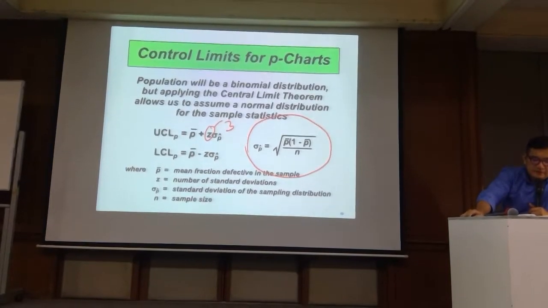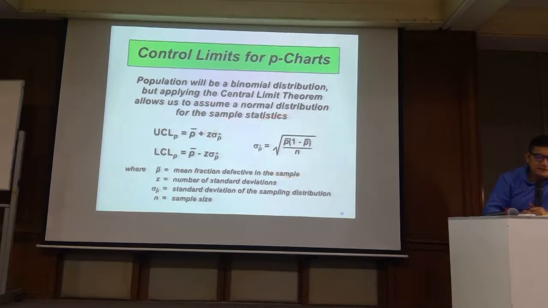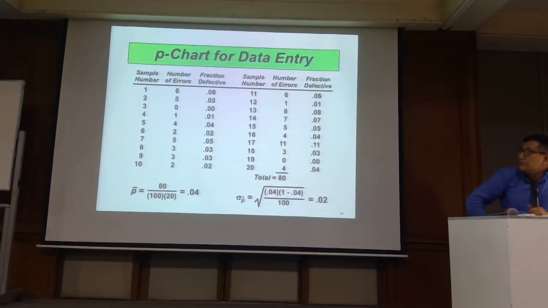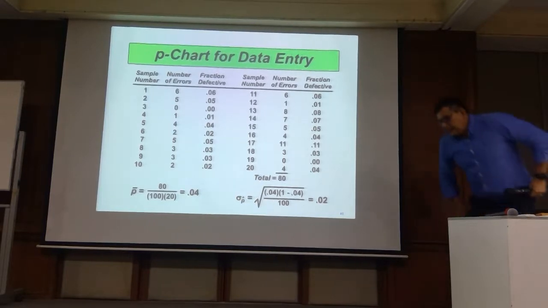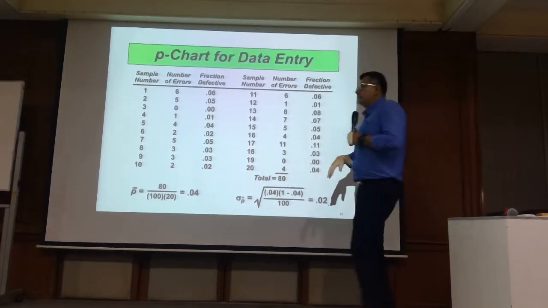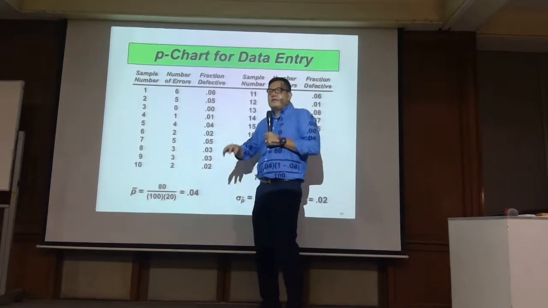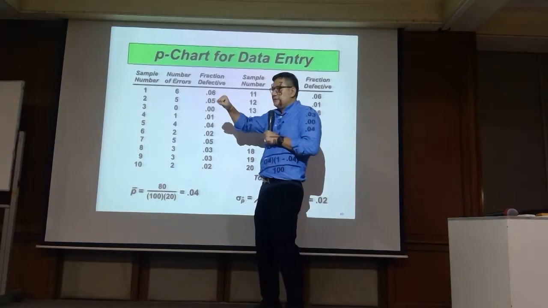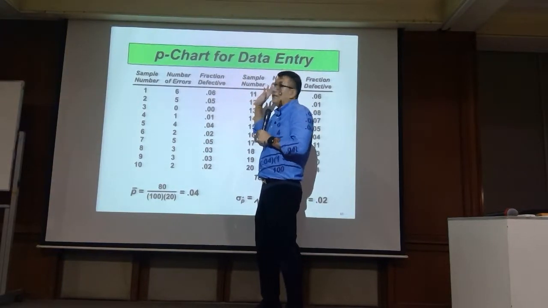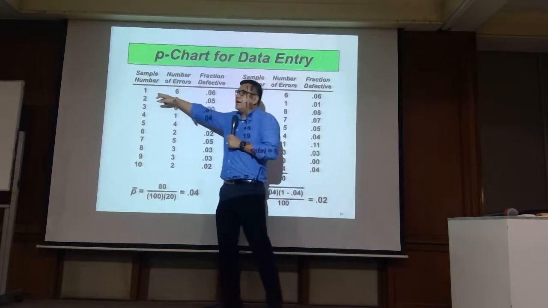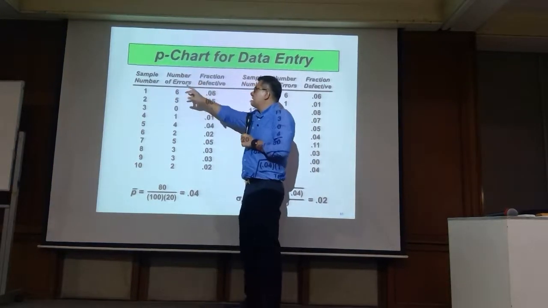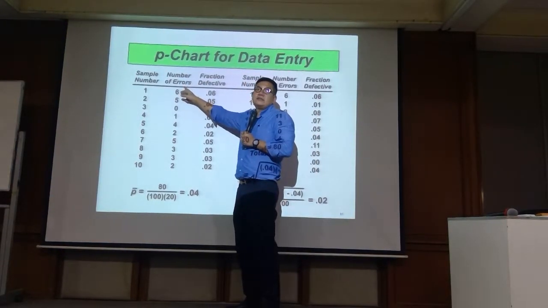So, for example, let's say I'm not sure what kind of process we have. Let's say that I make a sample of 100 units for the first hour. It has 6 units that have the error.